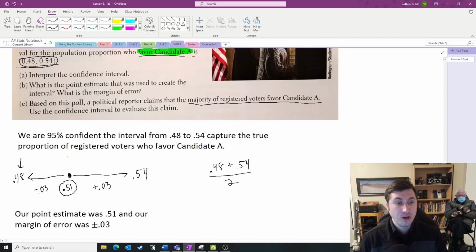We don't know where 0.51 is in our sampling distribution.